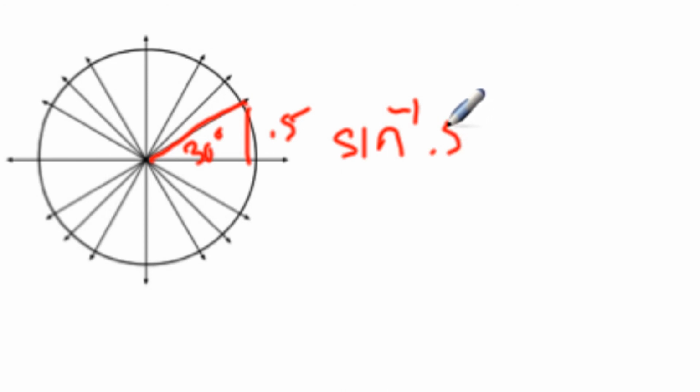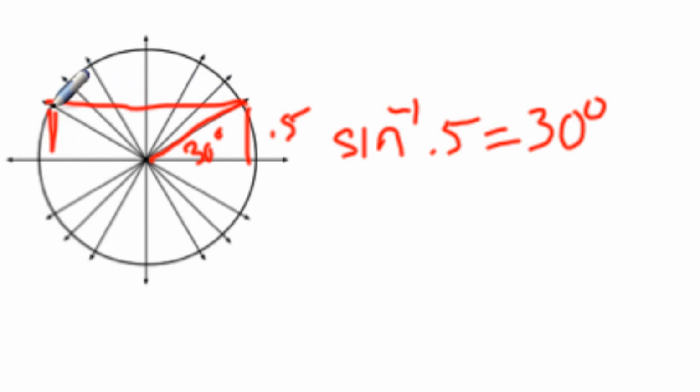If you plug this into your calculator, by the way, you have to be careful that you are in degree mode, you'll find that the answer comes back as 30 degrees. But is that the only answer? If we look across, what other angle has the same y value, the same sine, as 30 degrees?